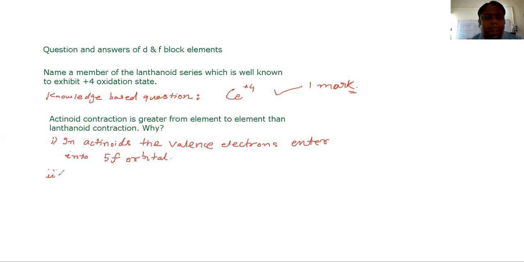Second, in lanthanoids, the valence electrons enter into the 4f orbital.